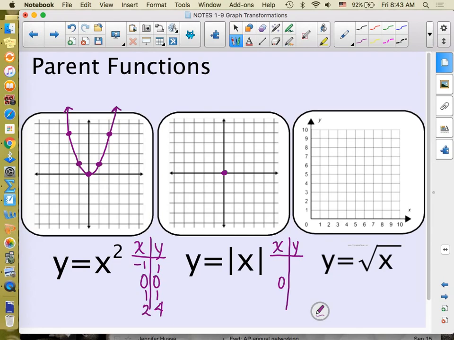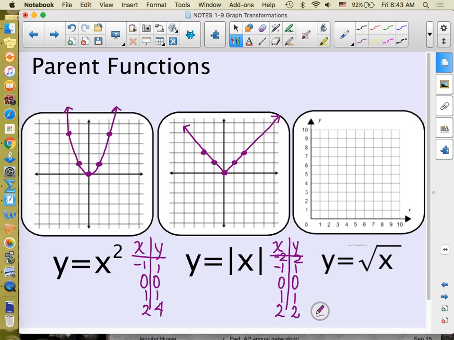I know the absolute value of 1 and -1 are each 1, so the graph starts off similarly to x squared, but I happen to know the absolute value of 2 and -2 are 2, so we have linear sides to the absolute value graph. And again, those 5 accurate points are enough to get me an accurate parent function. So I need to be able to identify on these first 2 graphs at least 5 ordered pairs from your graph that are accurate.